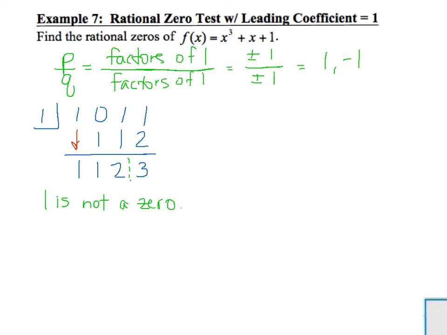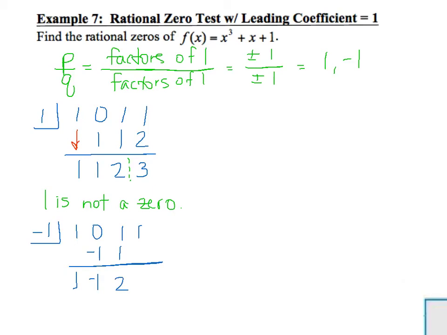So then we'd have to try negative 1. So you plug in negative 1. And we bring down 1, 0, 1, 1. Bring down the 1 at the beginning. So you have a 1. 1 times negative 1 is negative 1. So 0 plus negative 1 is negative 1. Negative 1 times negative 1 is 1. 1 plus 1 is 2.